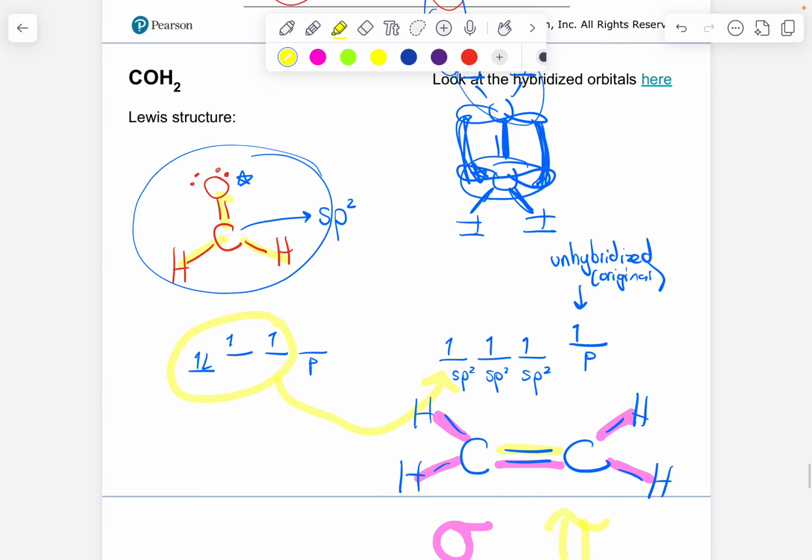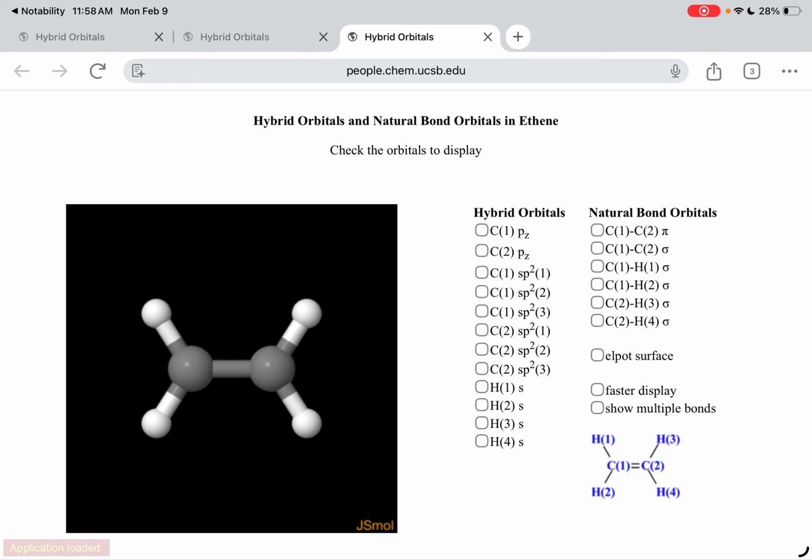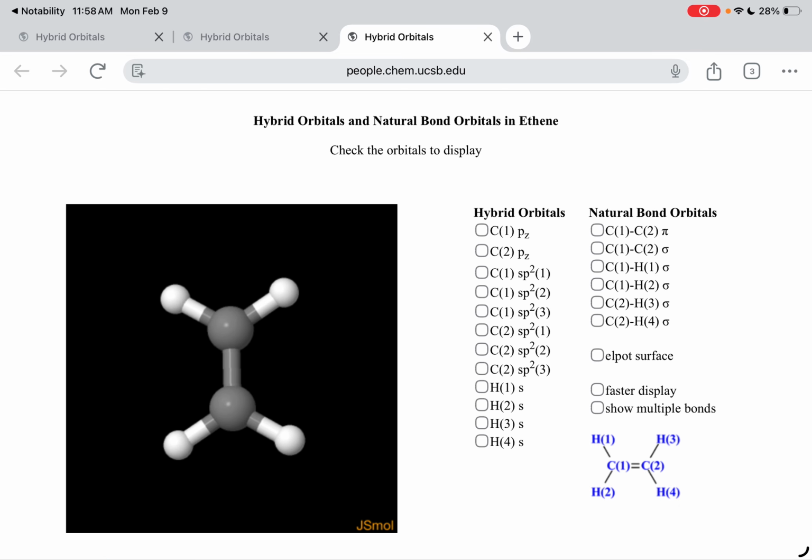Okay, so let's try to look at that depiction here. I'm going to turn this way. We're going to look at that bottom carbon. The first thing I want to show you is an sp2 orbital. What you're looking at is the region of space where the electron that is going to bond with the other carbon's electron is. It's somewhere in that bubble, that blob.